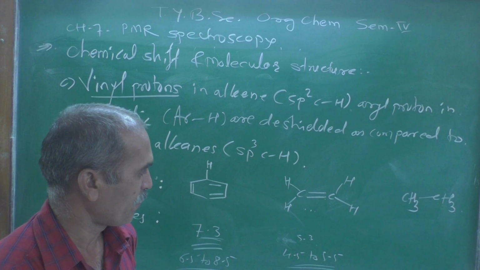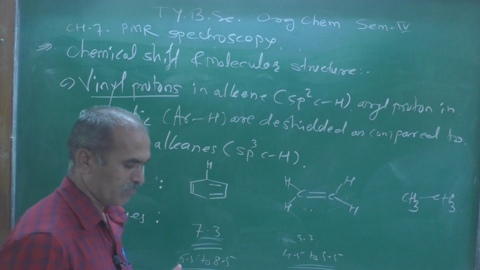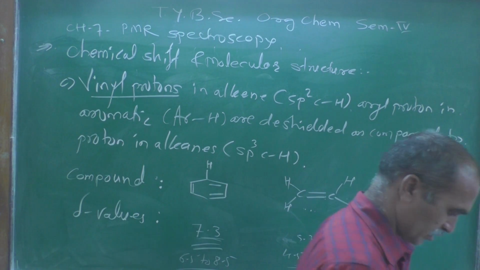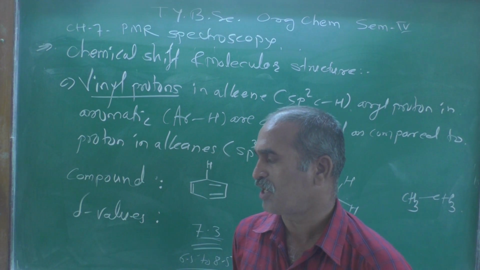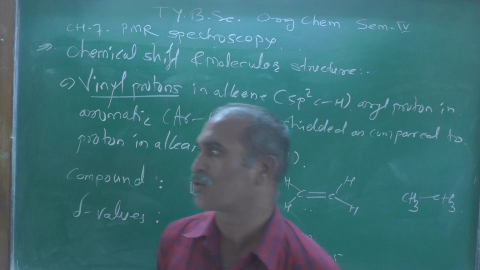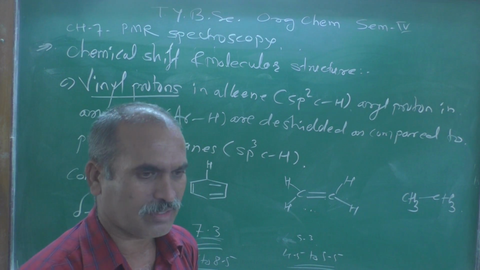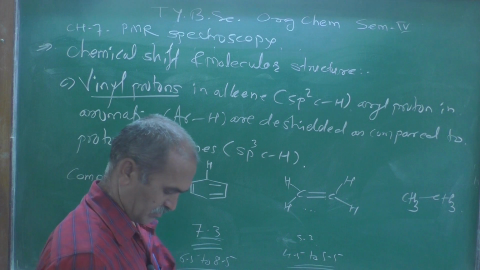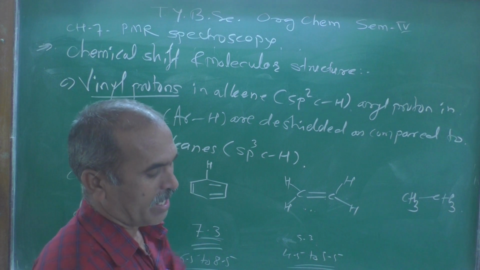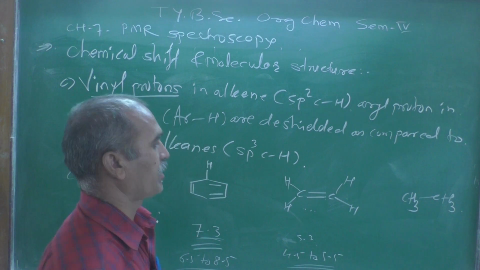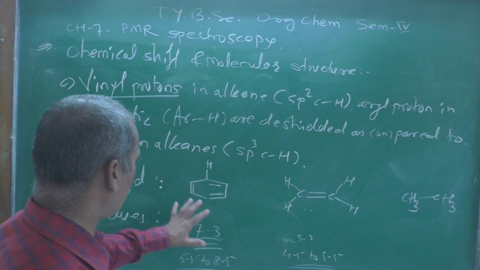As I already told you, depending upon electronic factors such as inductive effect, resonance effect, hyperconjugation effect, steric effect, hydrogen bonding, electron withdrawing groups and anisotropic effect, these factors are responsible for shifting the normal delta value to the higher or lower side, but that discussion is not at TYBSc level here.